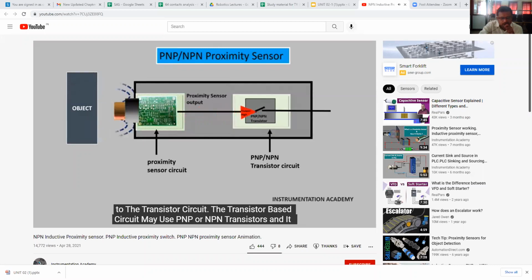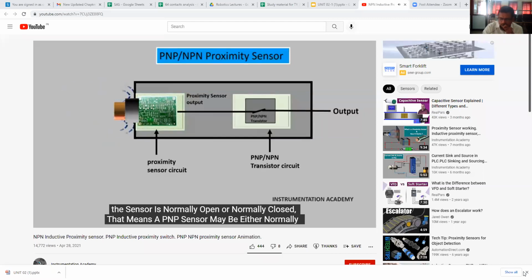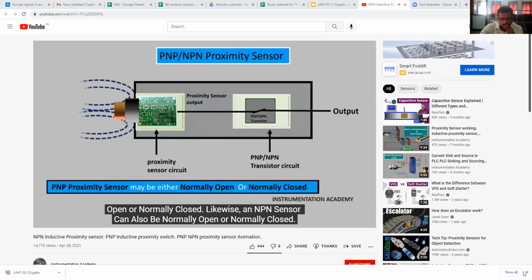The transistor-based circuit may use PNP or NPN transistors, and it depends on the application that sensor is used for. PNP and NPN has nothing to do with whether the sensor is normally open or normally closed. That means a PNP sensor may be either normally open or normally closed. Likewise, an NPN sensor can also be normally open or normally closed.